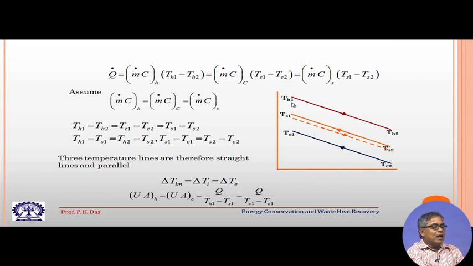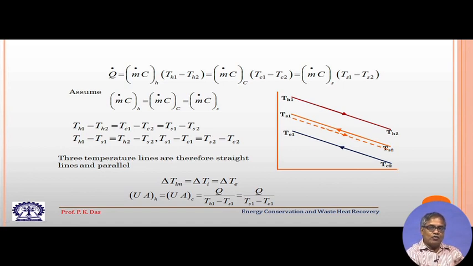Mind that what I have told, that for any fluid stream, hot side fluid will be denoted by subscript 1, for the sake of convenience, and the cold side fluid will be denoted by subscript 2 for the sake of convenience, there is no other reason.